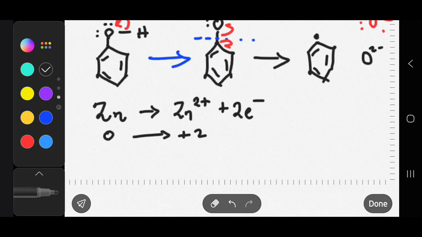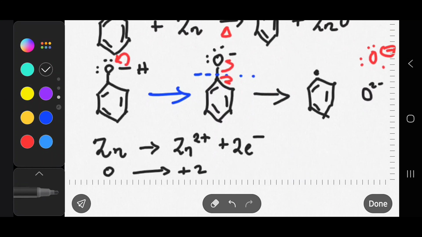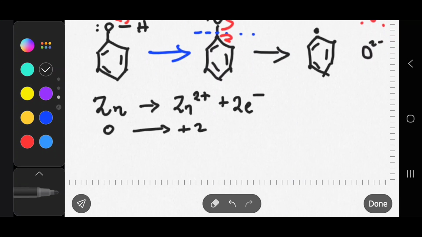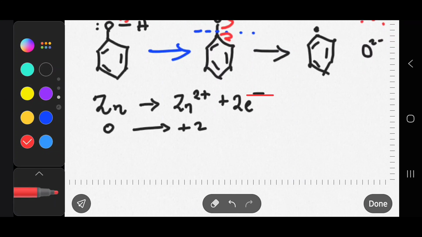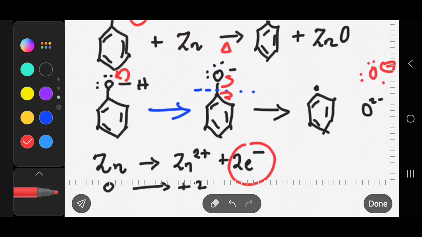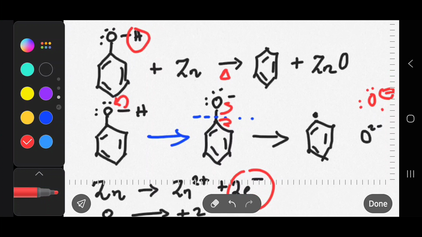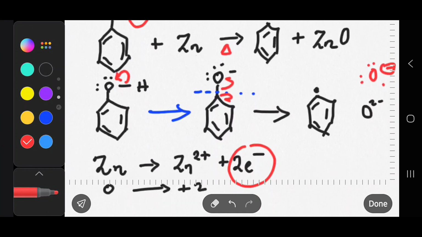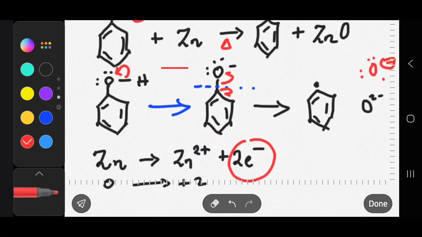Why this is significant is because it can readily donate its electrons to, remember, in this particular stage here, hydrogen, when this happens, all the bonding electrons have been withdrawn to oxygen to give you this one.